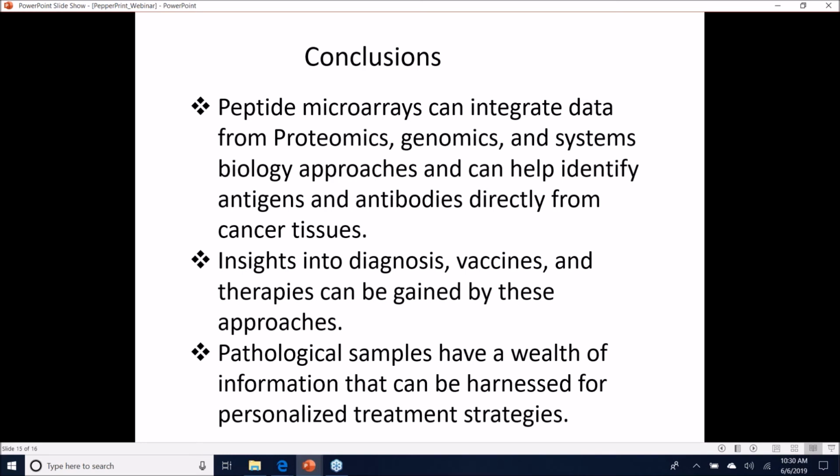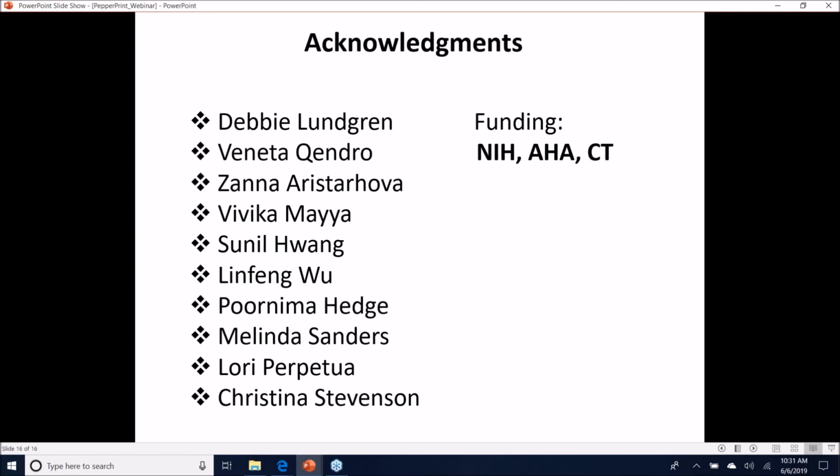So we believe in harnessing a lot of information from pathological samples, and we imagine future cancer therapies would use lots of antibodies and match them with different patients to see which patient will respond to which antibodies or vaccines, for example.